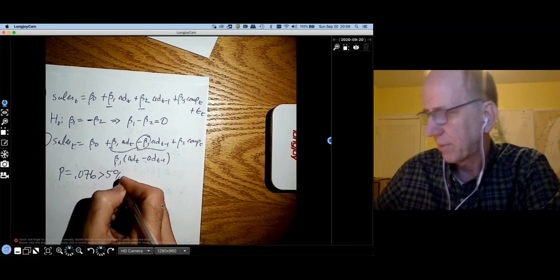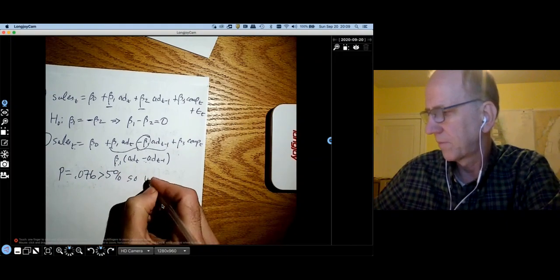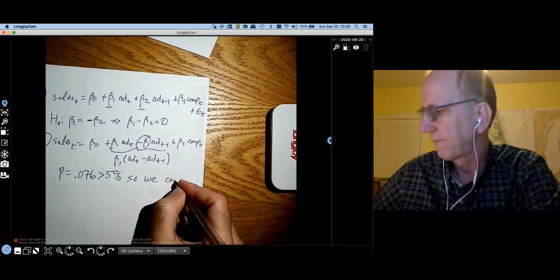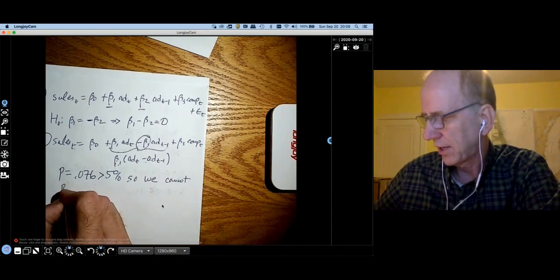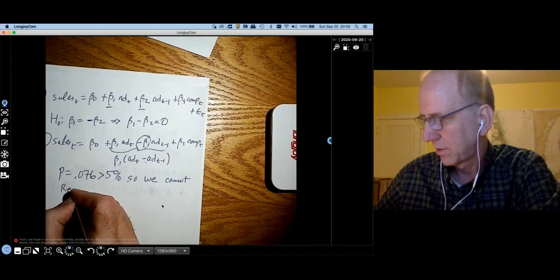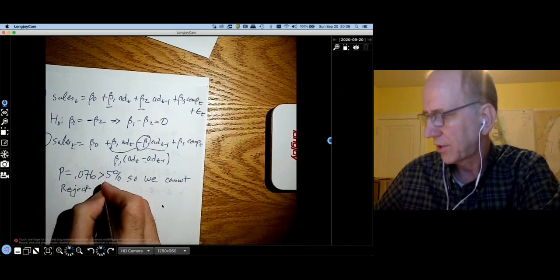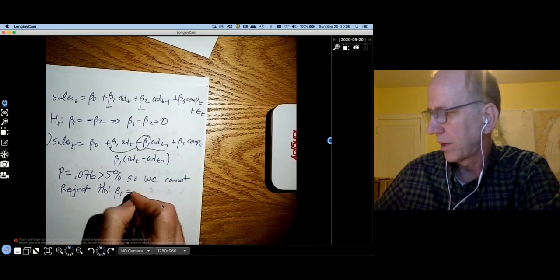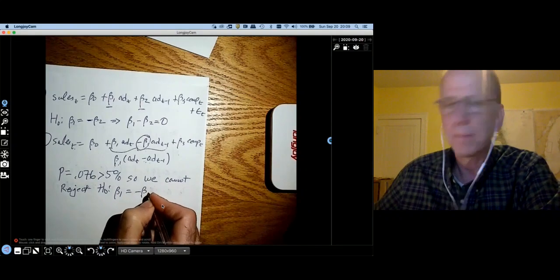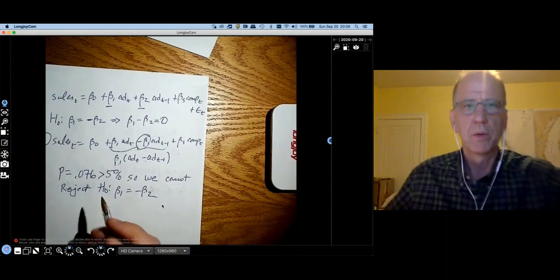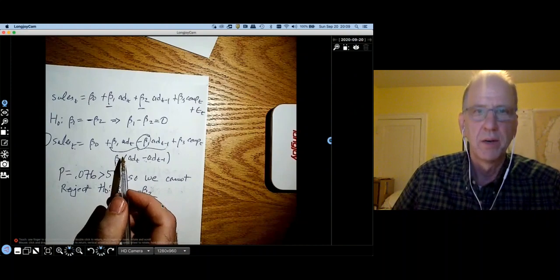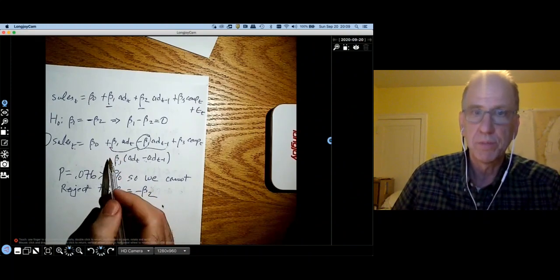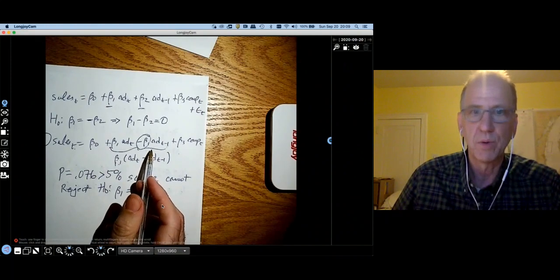That's greater than 5%. So we cannot reject H naught: beta 1 equal to negative beta 2. So in other words, it kind of looks like whatever advertising we do this period offsets what we did in the previous period.